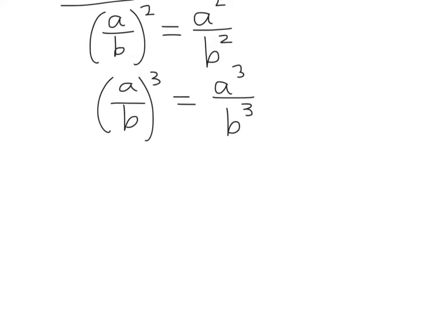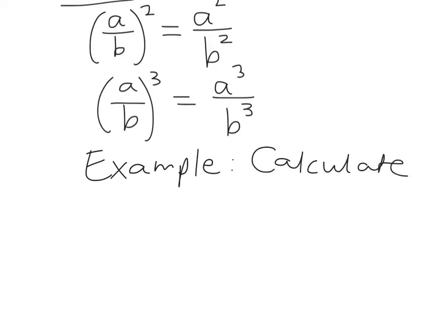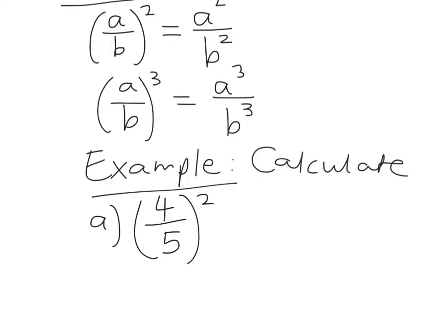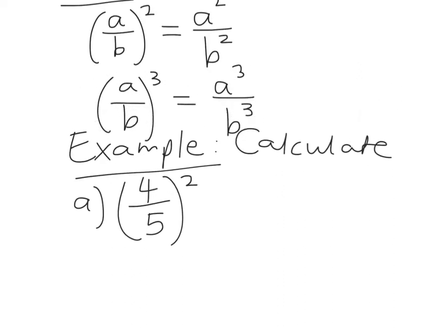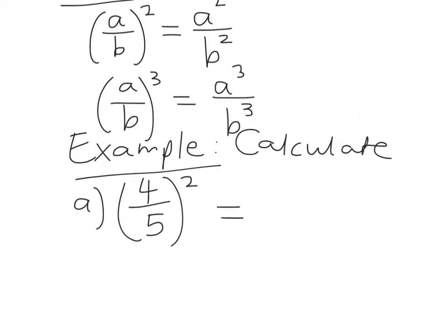So if we have, for example, the instruction would usually be calculate, and we have something like 4 over 5 all squared, we are then able to say that that then is 4 squared over 5 squared.